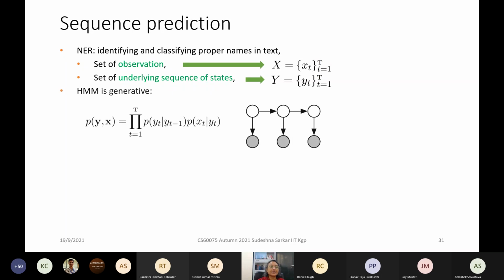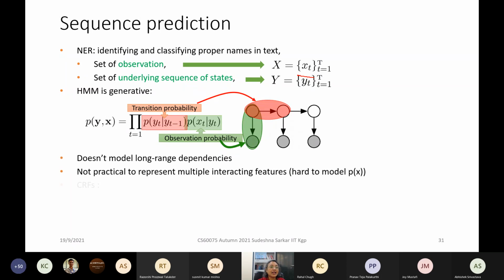In this case, the observations are the words that we have got, and the underlying sequence of states are the tags that we have. And we have already discussed how, for the named entity tagging problem, we can label the states using BIO notation. Now, how do we express these probabilities in a conditional random field?